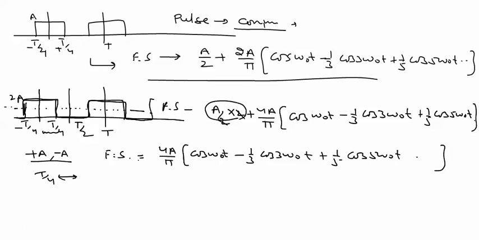If T duration shifting means 2 pi rotation, T by 4 means it is equivalent to 2 pi by 4, which is pi by 2. If we delay this expression by pi by 2, the result will be a new Fourier series.